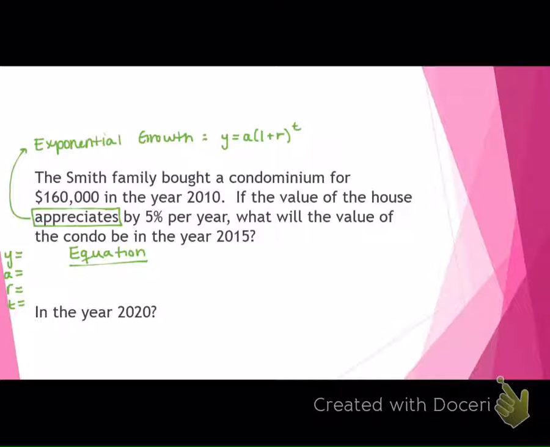So, y. Do we know the ending amount of our house? No, so that is not to be filled in. Alexis, A is our beginning amount. What is the beginning amount for this condominium?